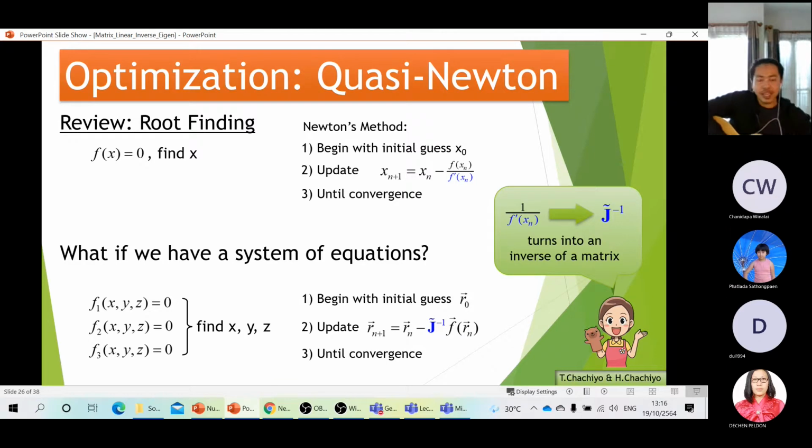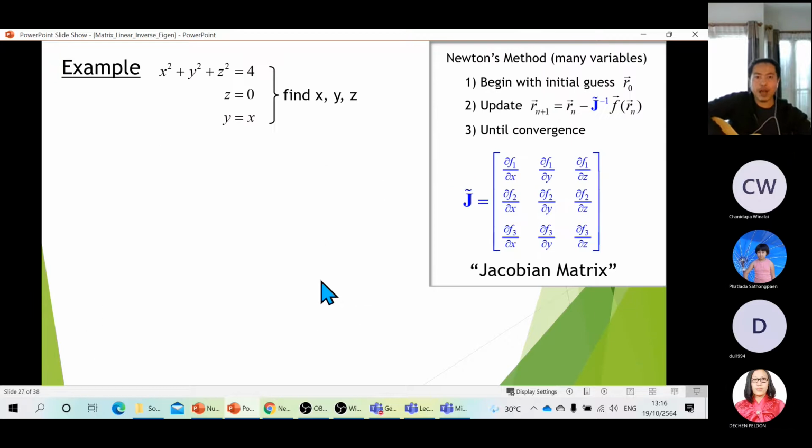We'll see in the next slide how we compute J. But at least here in the beginning, you see the structure of the updating schemes, very similar for a many variable system. Now let's get to an example for you to see exactly what happens in this system of equations.